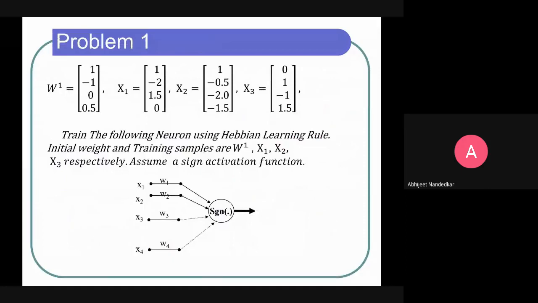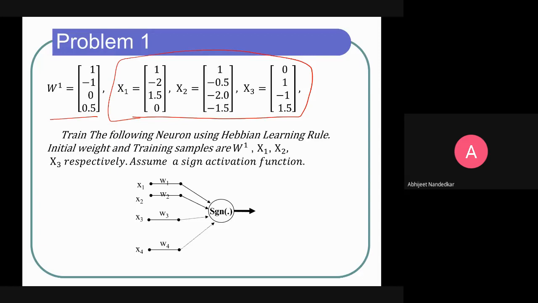I can note down this problem. Say let there are 4 training samples. Okay, in this case there are 3 training samples and 1 weight.